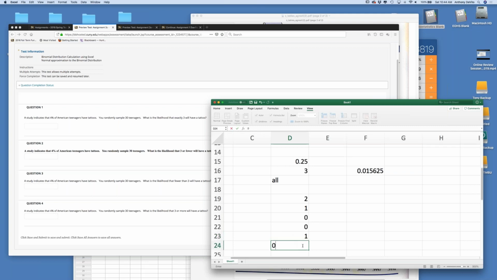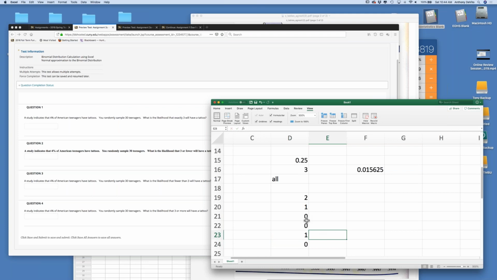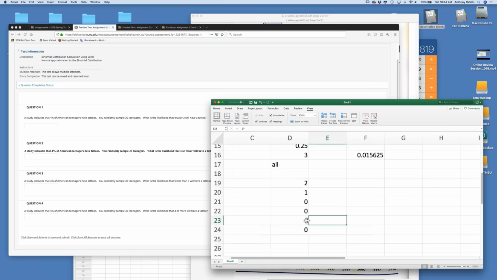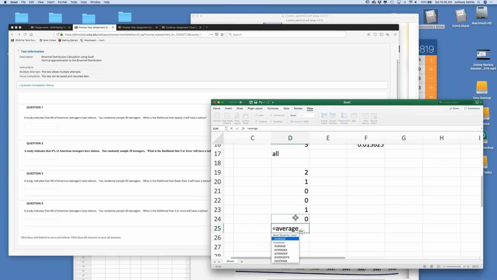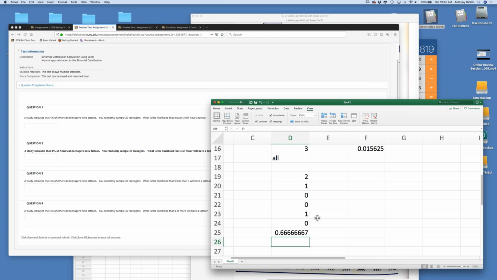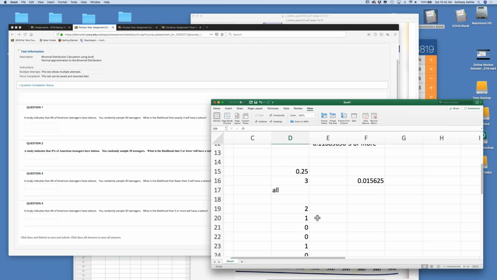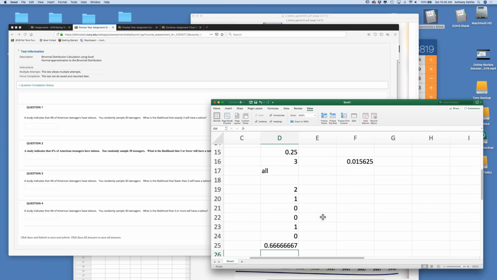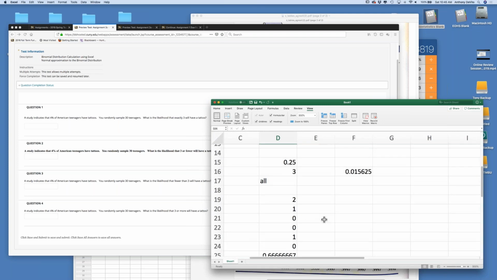If I did it just 6 times, I could take the average here, but it's such a small sample that I could just get lucky and find all of them are zeros, or all of them are 2s, or all of them are 3. Anything could happen with a small sample. But if I took a really large sample, did this thousands of times, what percentage of the time would I have all 3 of them being diabetic?